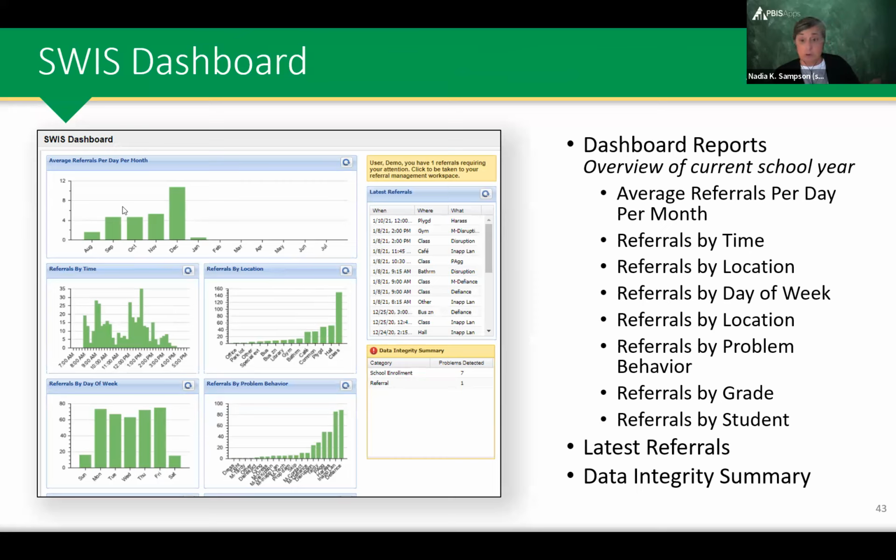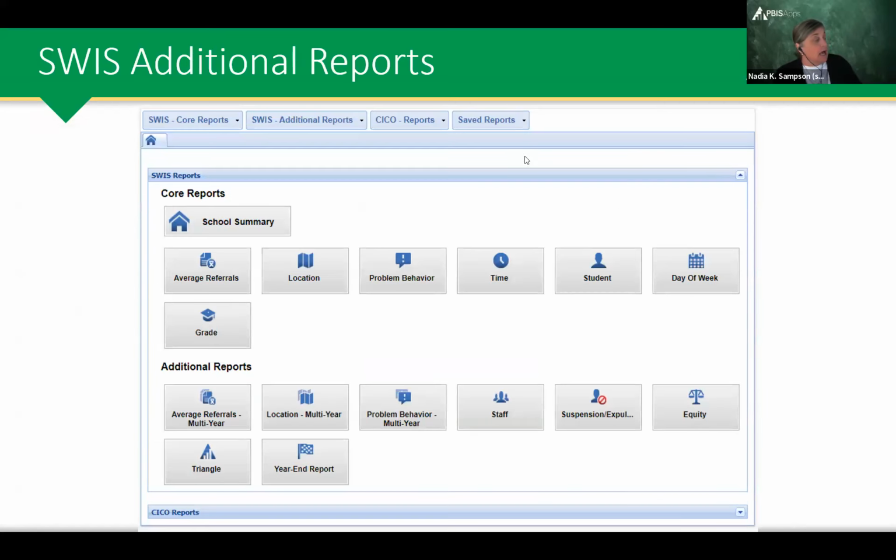You can get average referrals per day per month, referrals by time, referrals by location, by week, by problem behavior. There's a couple others that are referrals by grade, referrals by student. What are the latest referrals? Do we have some data integrity issues we need to address? So all sorts of reports, including a suspension expulsion report, an equity report, and we have lots of training around equity.